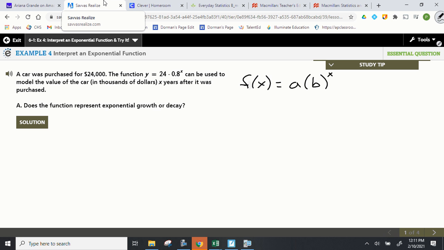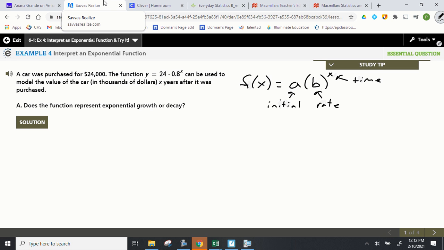And it still stays that this is our initial, this is our rate of growth, and then this is usually time. And that's what we have here.